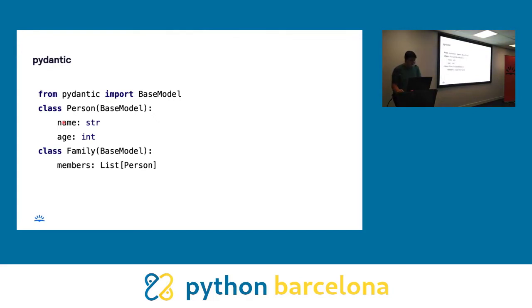In these cases, Pydantic will check if all the members of the list that we pass to the family are of type person, and when it does that, it also checks if every person complies with the person class requirements.